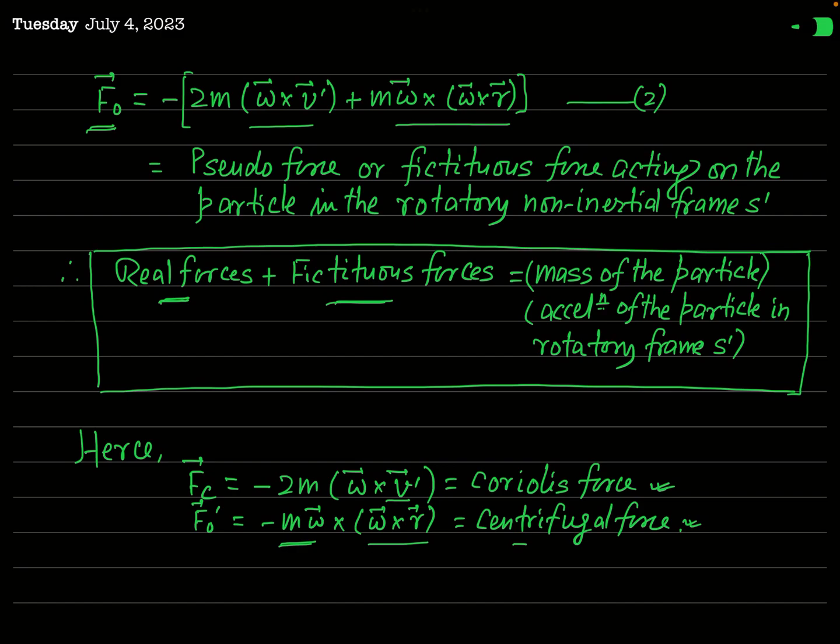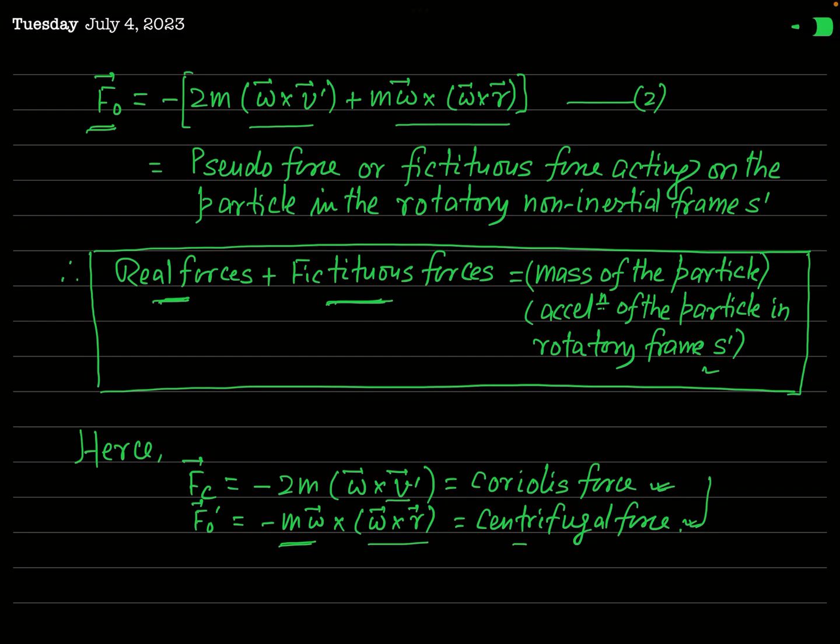Now, to know the physical significance of the Coriolis force and centrifugal force, which are pseudo forces, we will discuss these two pseudo forces separately. How we write the equation of motion has already been finished. You have to add the fictitious forces, which are the Coriolis force and centrifugal force, to the real forces, and then you have to equate that total force to the mass of the particle times the acceleration of the particle with respect to the non-inertial frame.